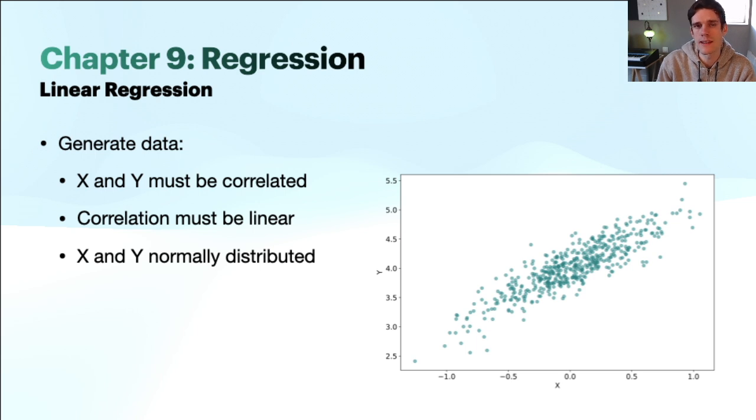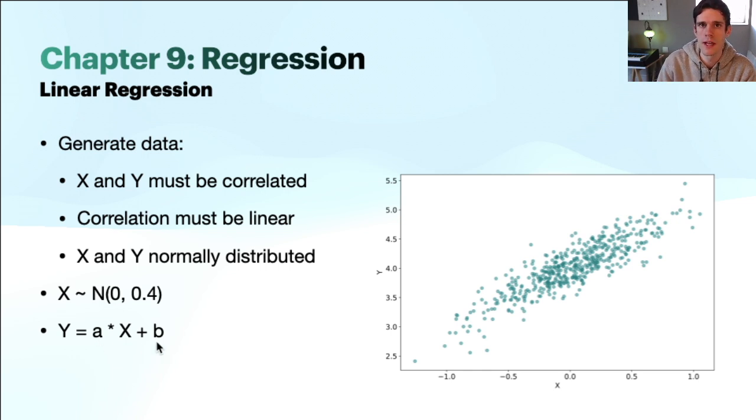So let's now look at the strategy to generate these two datasets. The first step is to generate X according to a normal distribution. This normal distribution will be centered around 0 and have a standard deviation of 0.4. Then to make this linearly correlated to another dataset Y, we generate our new dataset Y by using this linear formula. We multiply any value in X with a number A, and we add to this another number B. In the previous chapter, we took this A to be a fixed number throughout the two datasets.